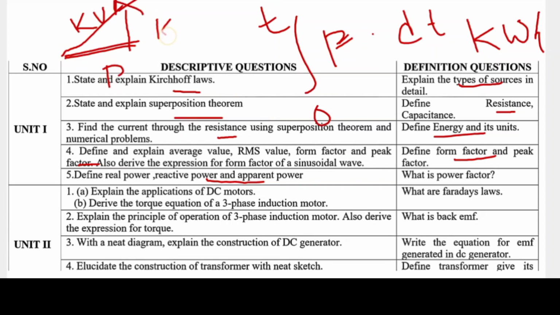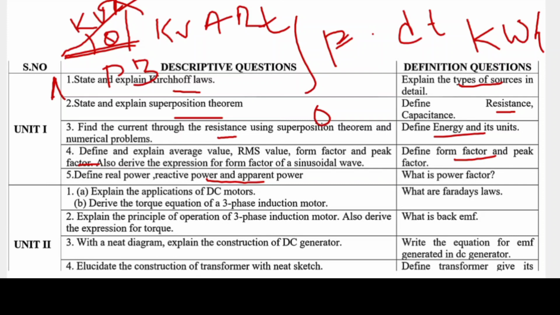This angle is theta. Power factor, cos phi, can be obtained from this triangle. Cos theta equals adjacent side by hypotenuse, that is P by kVA, or real power divided by apparent power.